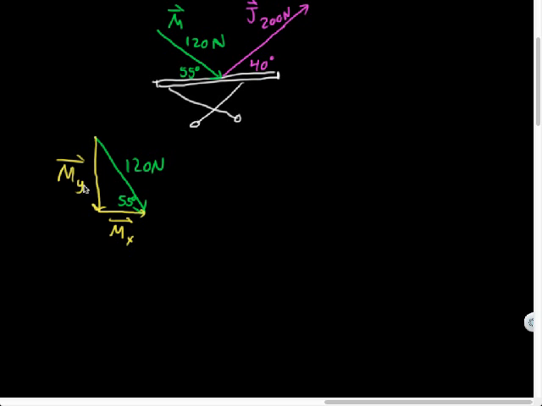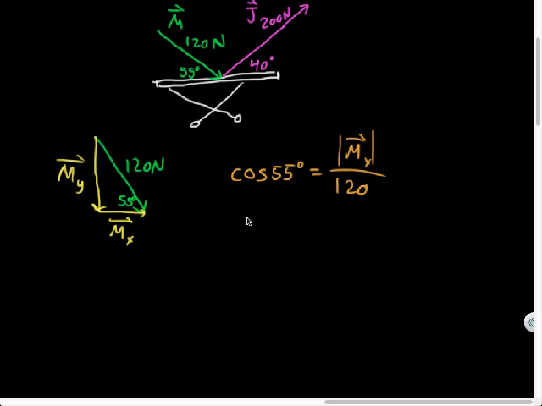To do that, think about it from this angle's perspective. That is the adjacent, and the 120 is the hypotenuse. So the trigonometric ratio that compares adjacent with hypotenuse is cosine. Cosine of 55 degrees is equal to adjacent, the magnitude of M sub X, over 120 newtons.